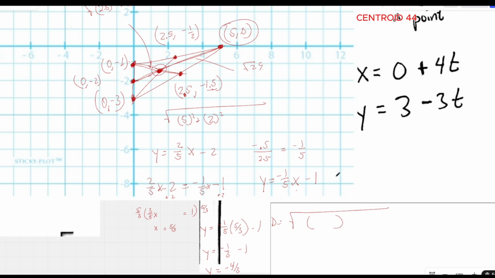So I'll do this point. x2 is 5 minus x1 squared plus y2 minus y1. Then I'll just punch that in the calculator. And I got 3.6. And I'll just check that. I guess that seems reasonable.